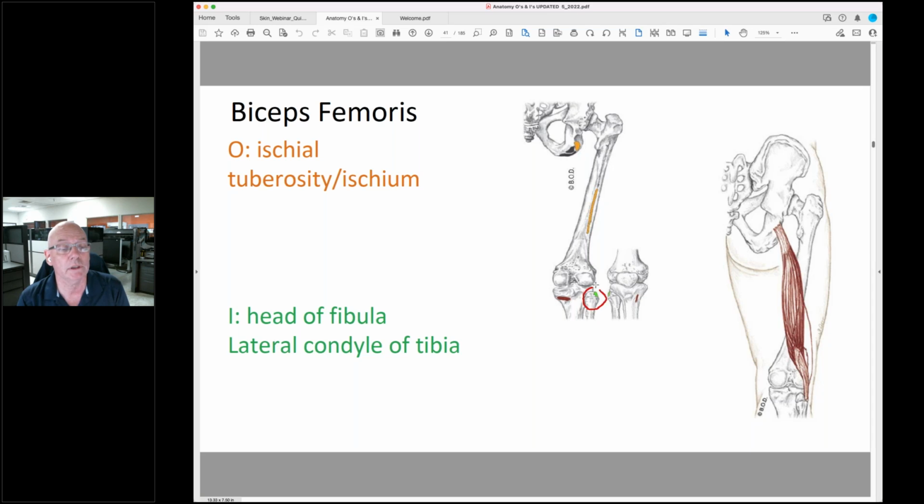So the head of the fibula here, and the lateral condyle of the tibia right here. Head of fibula, lateral condyle of tibia, coming up to the ischial tuberosity. Like I say, for all the hamstrings, they all come up to the ischial tuberosity of the ischium.